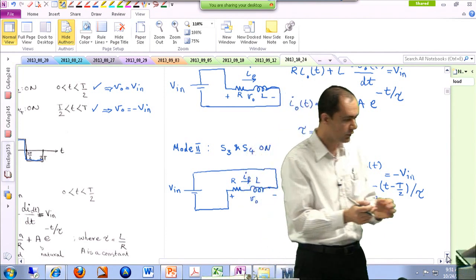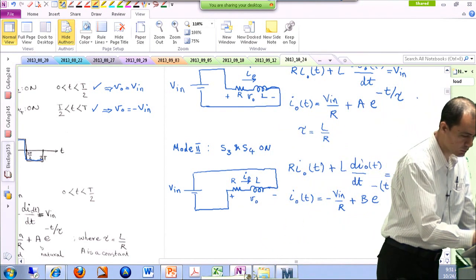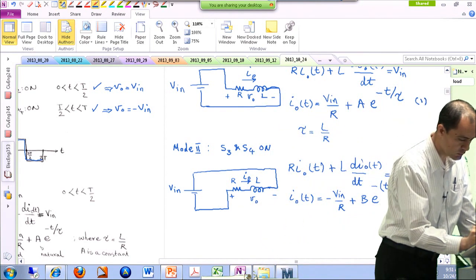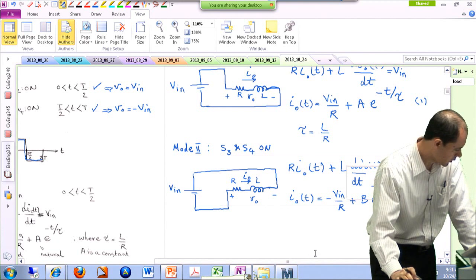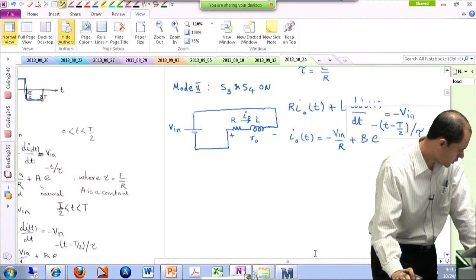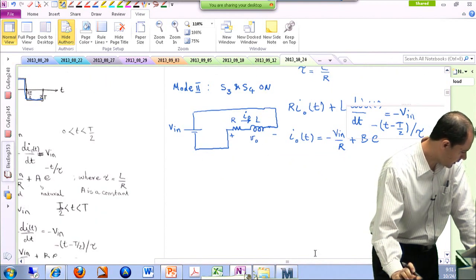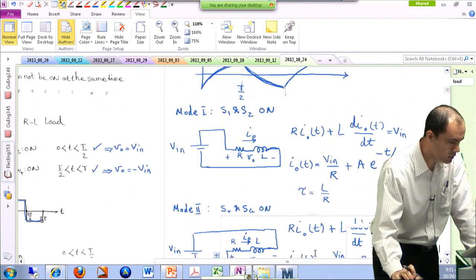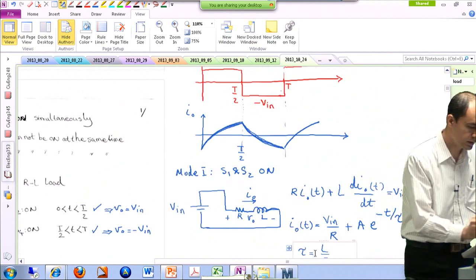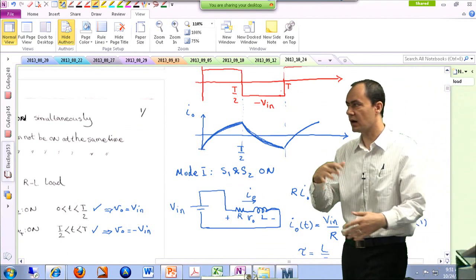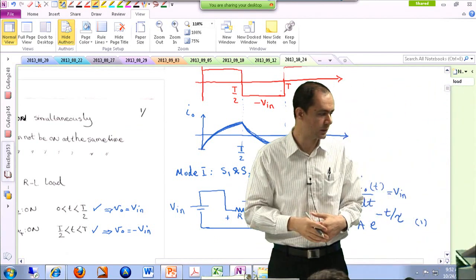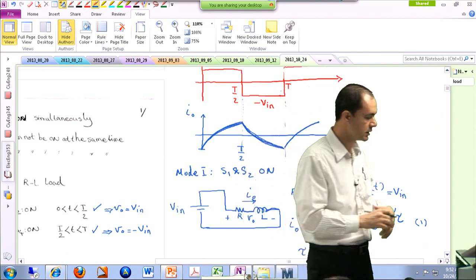Before we go forward, let me label this to be equation number 1, and this one to be equation number 2. In order to find A and B, we can consider a bunch of things. One of them is, when I started this process, let's say I have been running this for quite some time, and I have already reached a steady state.